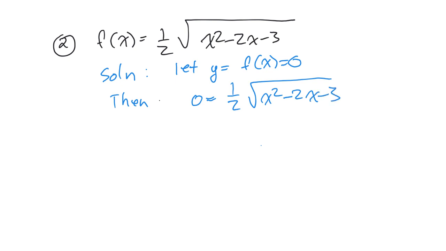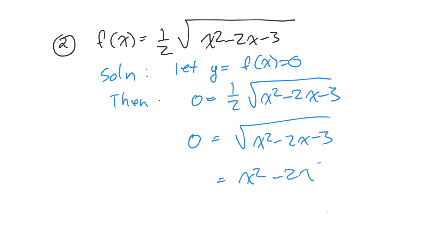And, well, if we multiply both sides by 2, we end up getting rid of the half. So we end up with just the square root of x squared minus 2x minus 3. And to get rid of that, we just square both sides, and we're left with x squared minus 2x minus 3 is equal to 0.